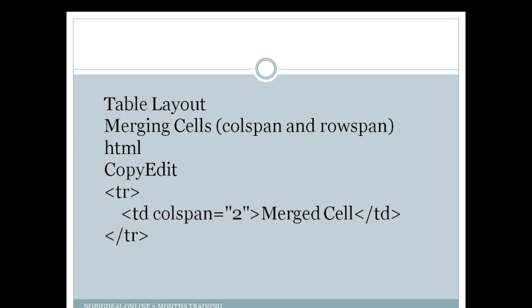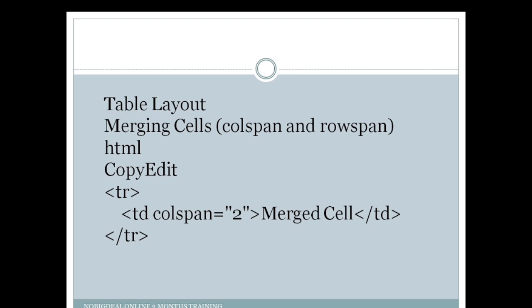We have 2 table layouts, which are colspan and rowspan. In colspan and rowspan, we want to merge columns. When I say colspan, we want to merge columns. When I say rowspan, that means we want to merge rows. If you have attended general computing before, you should know what I mean by merging. That's combining 2 rows or combining 2 columns.